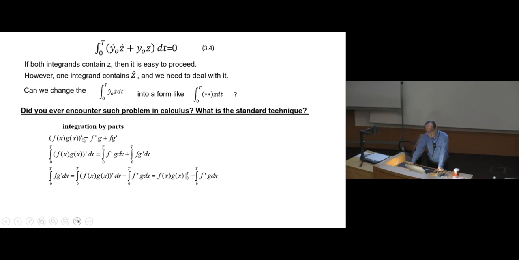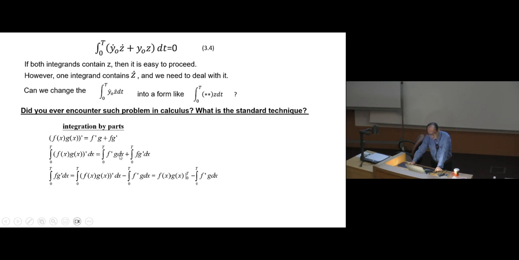If I want to compute the derivative of a product of two functions, I do it one by one: the derivative of the first one times the second, plus the first times the derivative of the second, and so on. Then to show this formula, we take the integral on both sides, and we get this formula.